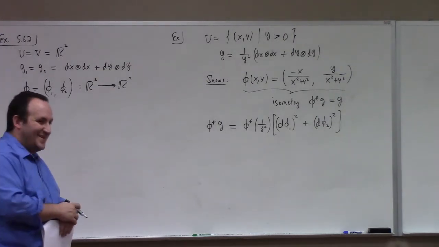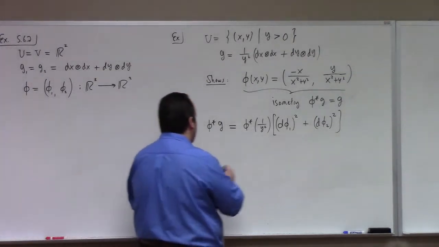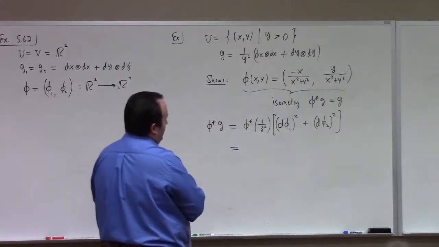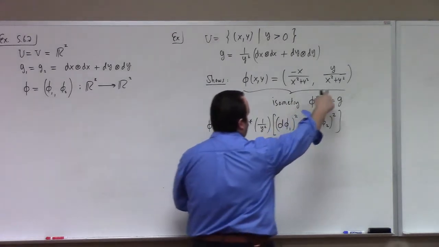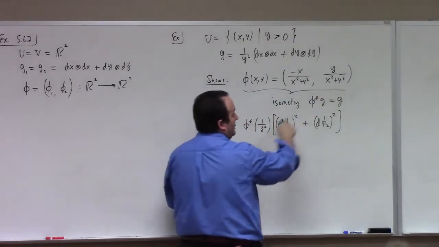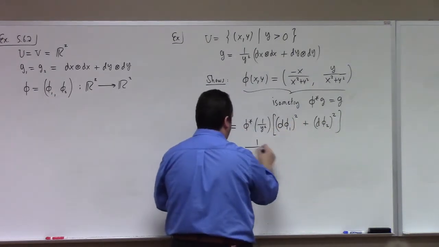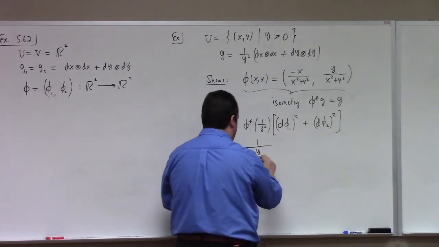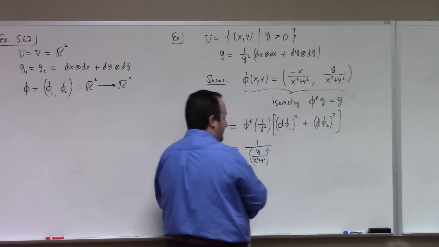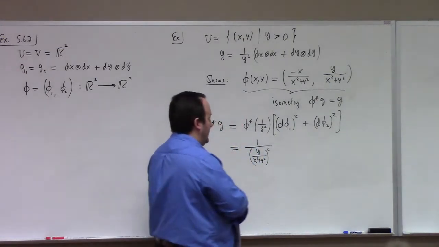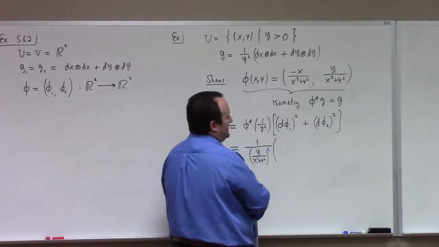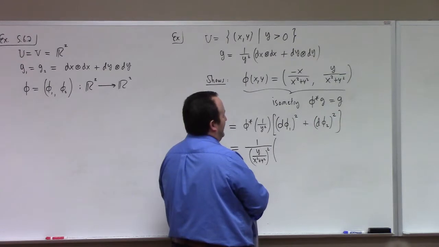That's a tensor square. Now the pullback of 1 over y squared is 1 over y over x squared plus y squared, squared. And then I'm supposed to multiply d phi 1.